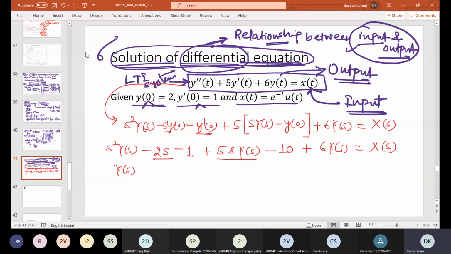If you take the common this term, you will get s square plus 5s plus 6, and this term, this term, this term, and the rest, s, sorry, 2s.